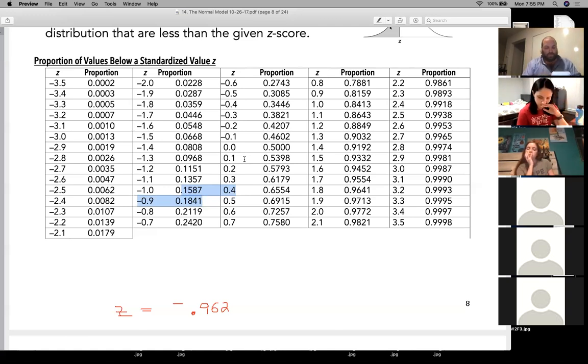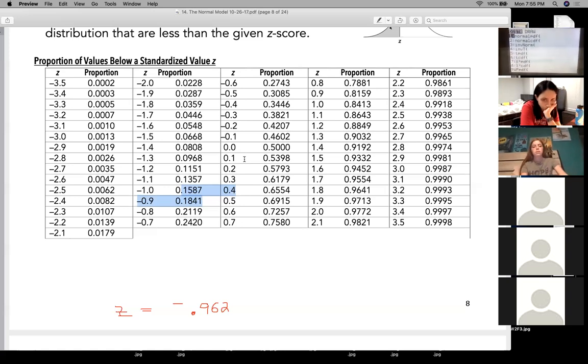For those who have the TI-84, you hit the blue second key, then VARS, and it goes to this page. You go down to normalcdf, the second one on the list, and that gives you something that looks like this.